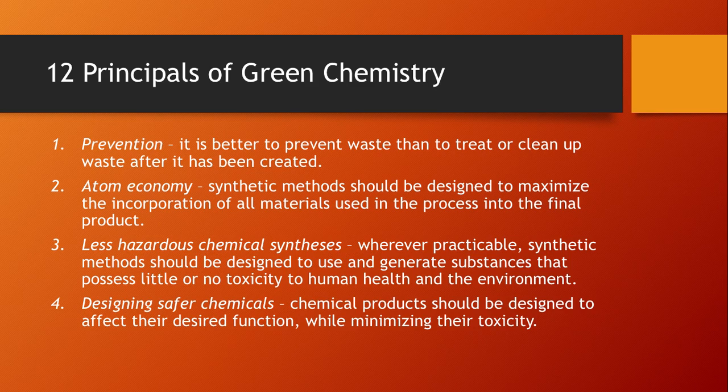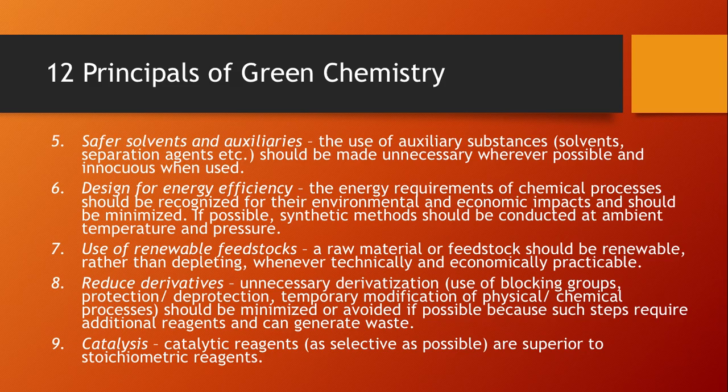They're going to be going over on the next couple of slides. Each of them are used to promote more environmentally friendly methods and using chemicals and using solvents that are more beneficial.